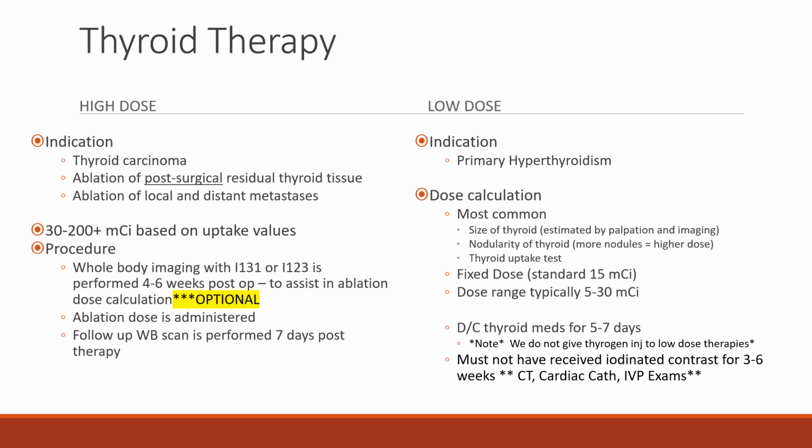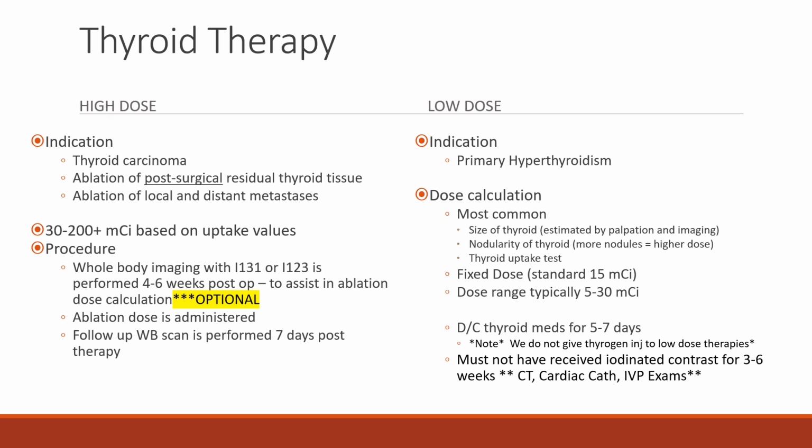It can be done with I-131, but remember, image quality is better with I-123, so most people do that with I-123 at this point. This is considered like the original theranostic agent because we can actually image and treat them with the same radiopharmaceutical, with the same I-131.